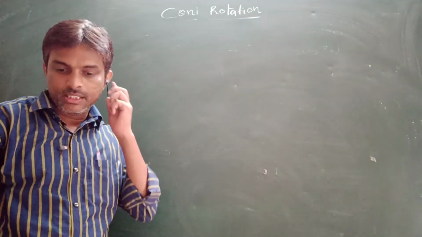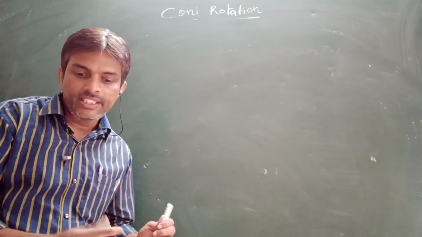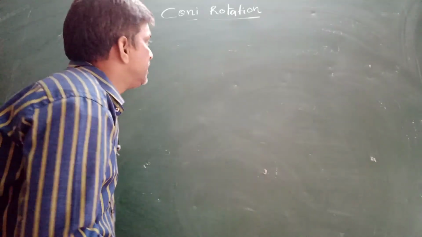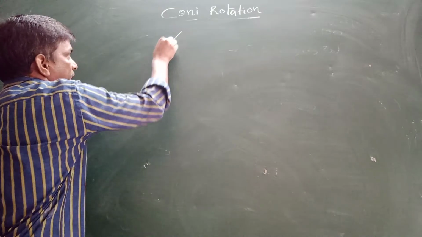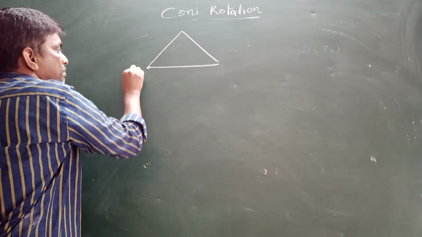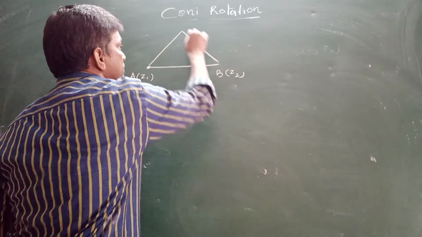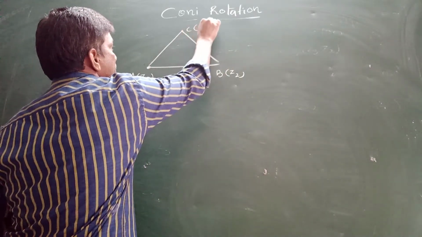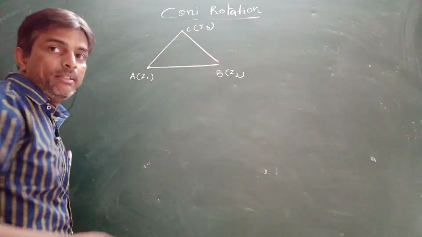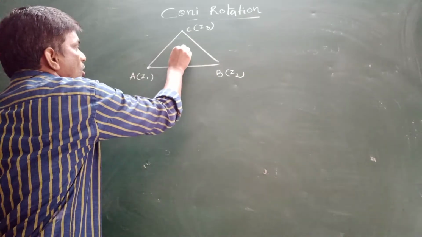Now let us take the other problem. Z1, Z2, Z3 are the vertices of an equilateral triangle with the centroid Z0. Now here, this is point A whose complex number is Z1, point B whose complex number is Z2, this is point C whose complex number is Z3, and it is given ABC is an equilateral triangle with centroid at Z0.